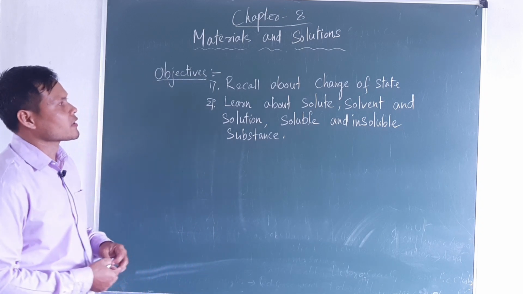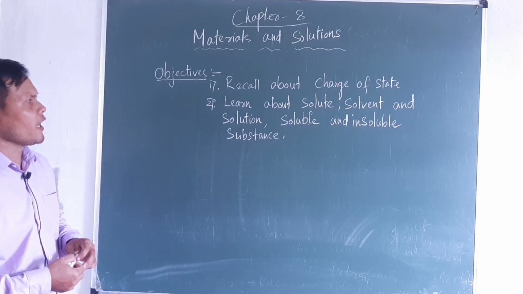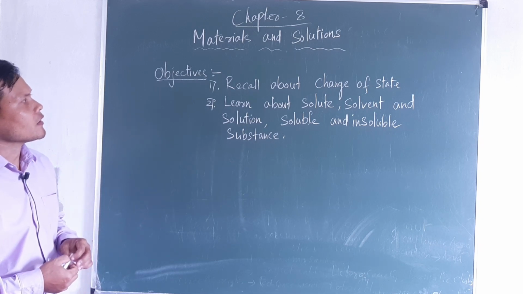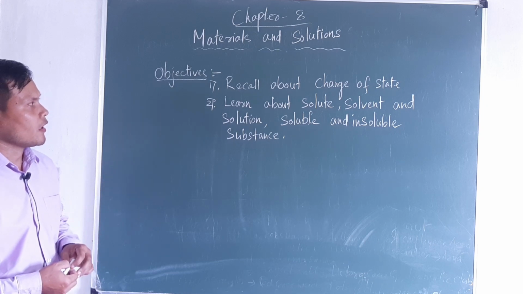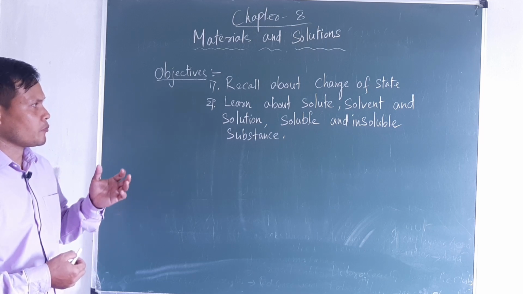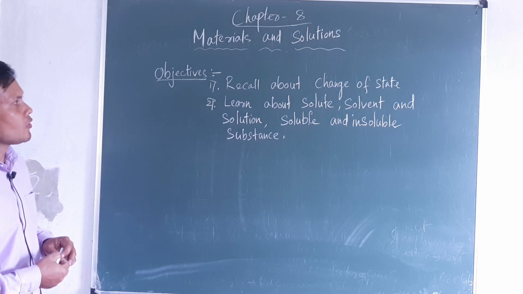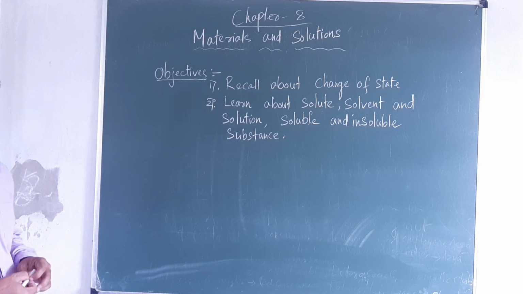Looking at the first objective, we have learned this objective in the previous chapter also, and this is a bit similar to the previous chapter. So let us recall that this is about matter.